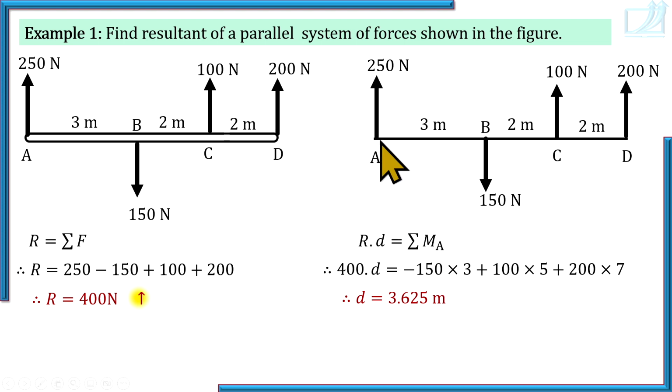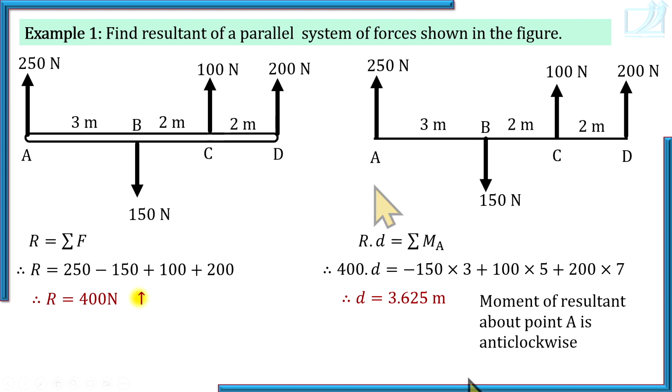So this is the horizontal distance from point A. But whether we should measure this distance on the right side of point A or on the left side of point A, that decision you will have to take. So how to take that decision? Simply visualize this resultant vector in the space diagram. In this case, d is positive. So the moment of resultant about point A is anti-clockwise.